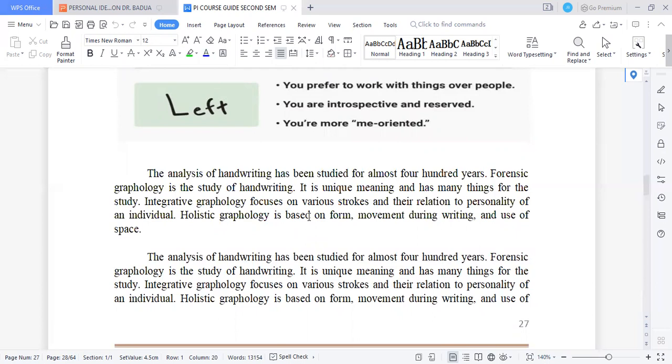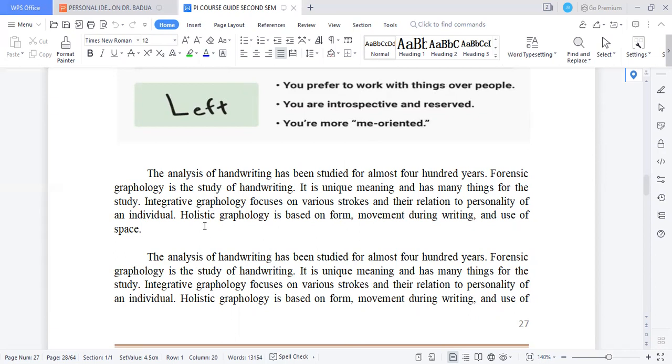So that is the important aspect that forensic graphology contributes in the administration of justice and in establishing identity. Also, some people are now coming up with false documents, fake documents. So it is very important that this field of study be given emphasis.